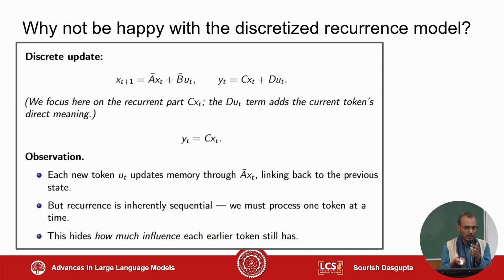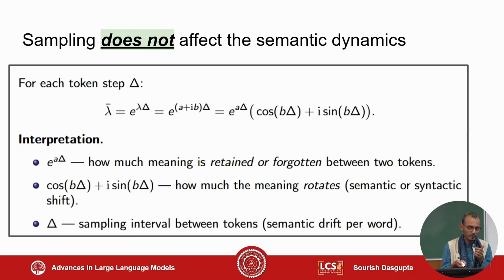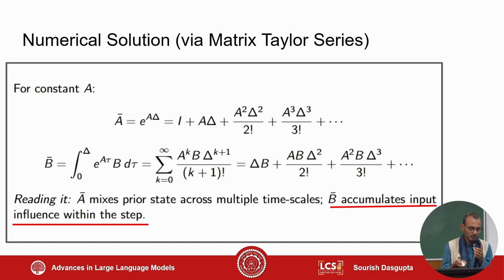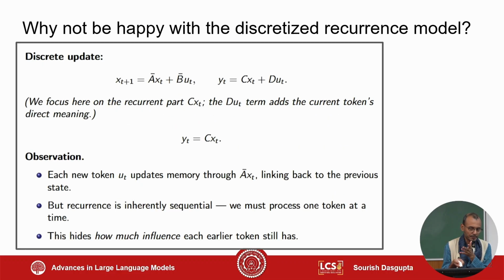So ultimately you are updating the memory via A bar only, because B bar is dependent on A bar.